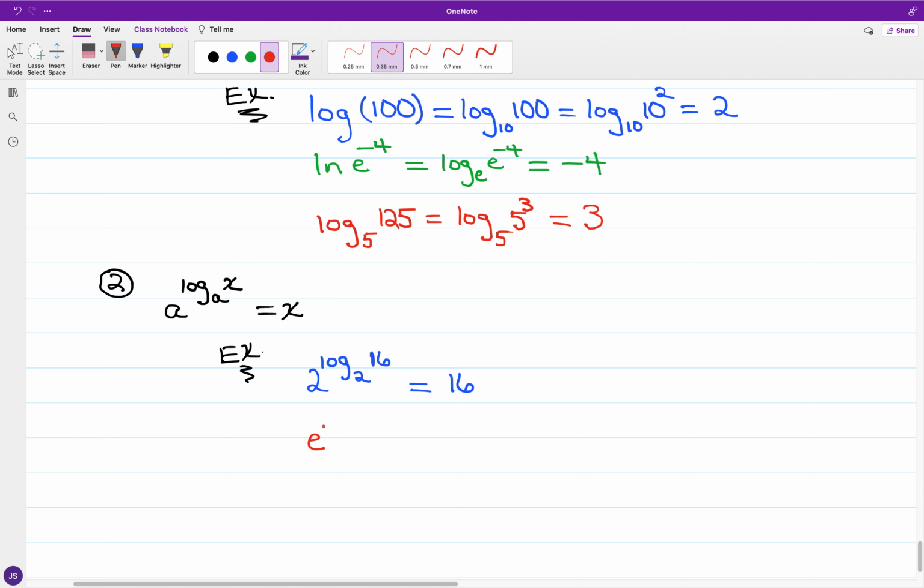If I have e to the ln, or natural log, of 14: again, ln, or natural log, is going to be a base e logarithm, so a is represented by e, and here x is represented by 14.